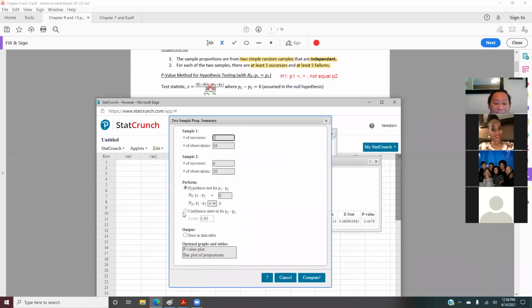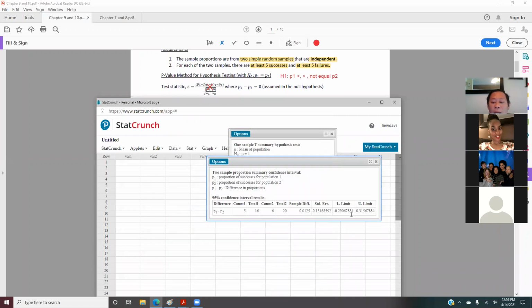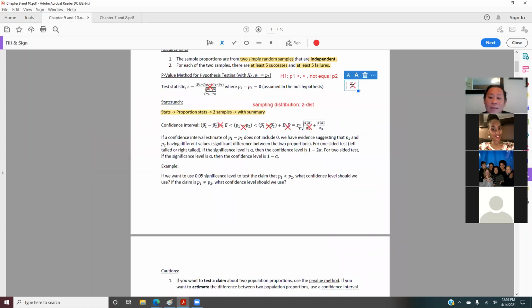Now you pick the second one, confidence interval. Let's say the confidence level is 95%, and you hit compute. This will be your confidence interval, with the lower limit and upper limit here. Make sure you understand this. You do not need to worry about all these crazy formulas, because StatCrunch will do the work for you.